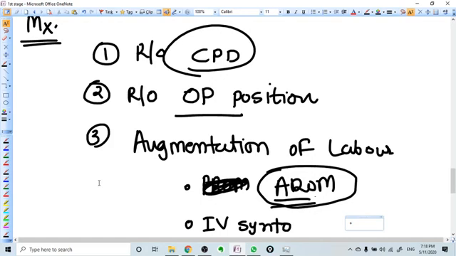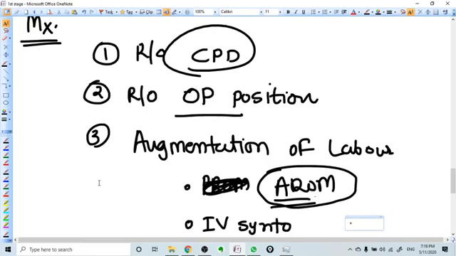The contractility is increased, as well as the duration. So the labor actually sets in. If you find that the uterine contractions are not adequate, you need to add oxytocin. But you need to continuously monitor the fetal status.